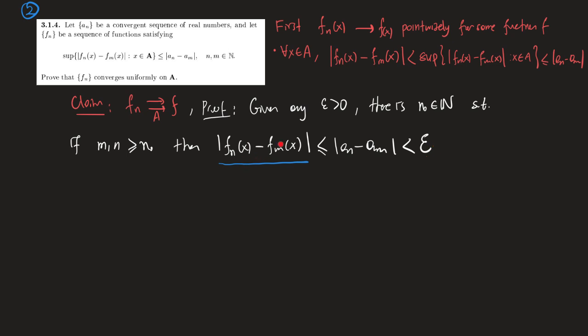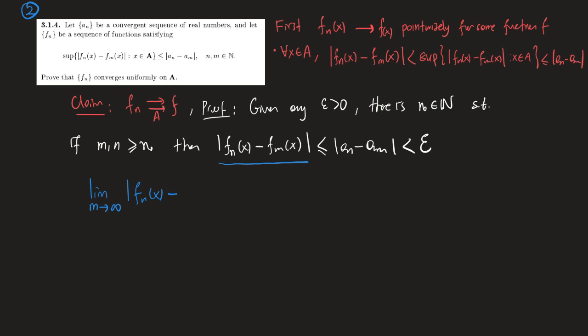If every term of a sequence is less than some number, the limit is also less than or equal to this fixed number. So I'm going to take the limit as m approaches infinity of f_n(x) minus f_m(x).